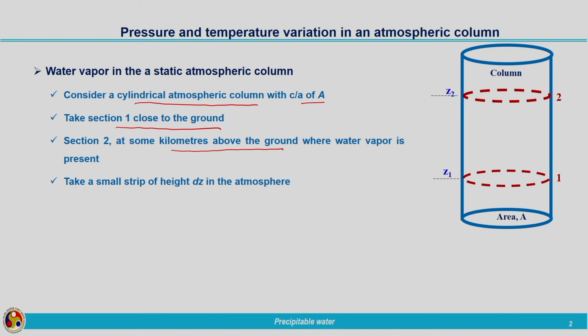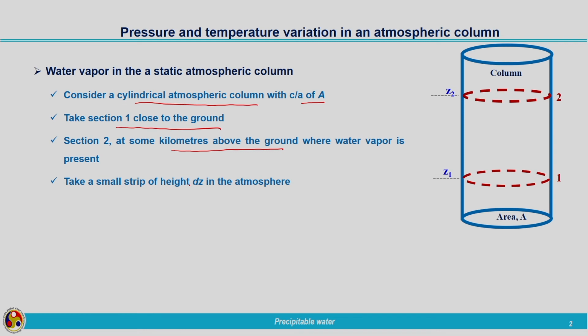Whatever analysis we are doing, initially we will be considering a small elemental strip, and the properties or quantities within the elemental strip will be calculated. After that, we can extend it to the entire column by integrating that particular quantity. In the similar way, here also we are considering a very small elementary strip having a height dz in the atmosphere.